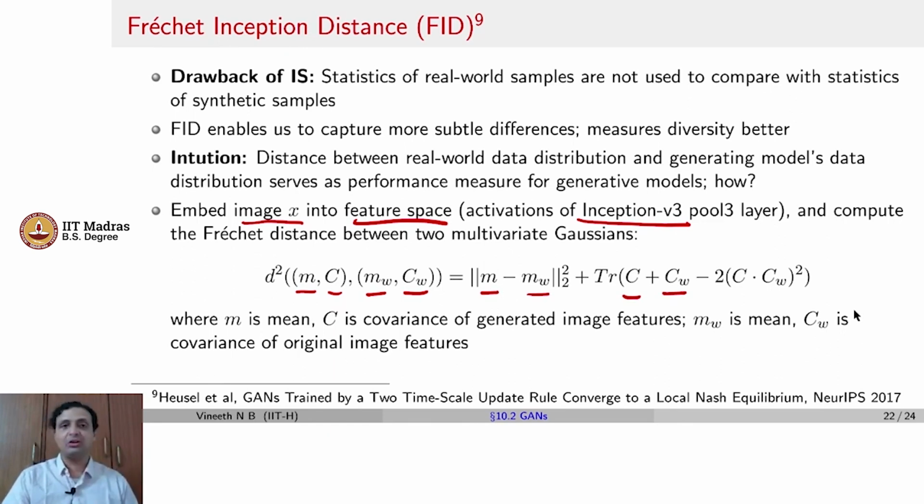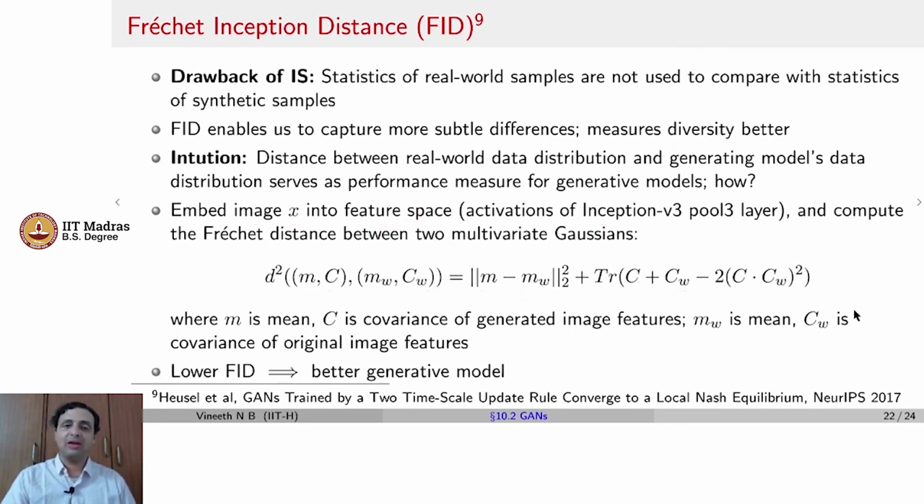So that's the definition of the Frechet distance between two multivariate Gaussians. Given these two distributions of real and generated samples, you compute their means, compute their covariances, and then you can compute the Frechet distance using this formula. In this case, the lower the FID the better. Lower FID tells you that the generated distribution is close to the real distribution.